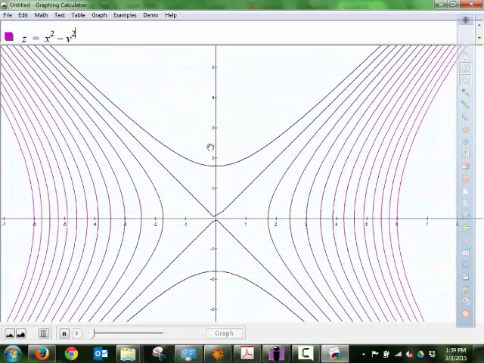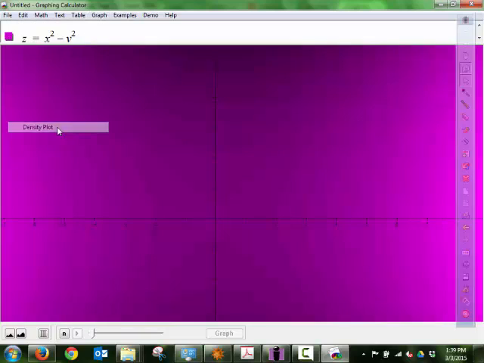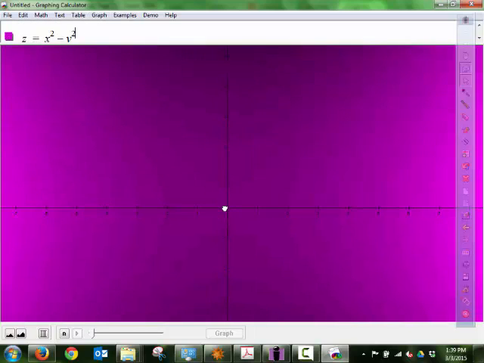So these are contours, which means if you look at them, you see the graphs of lines. But a density plot tells you something else, because contours, if you don't label them, it's going to be hard to tell whether something is higher or lower. But if you look at what's called a density plot, it just looks all the same.